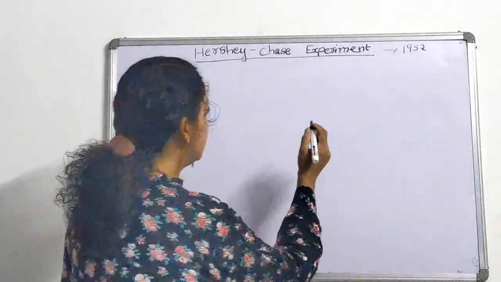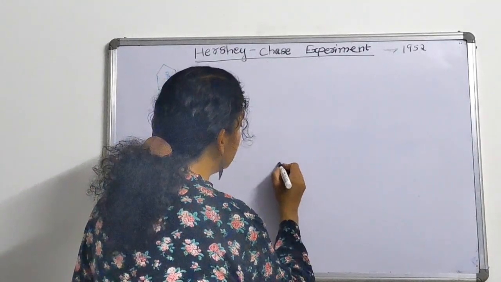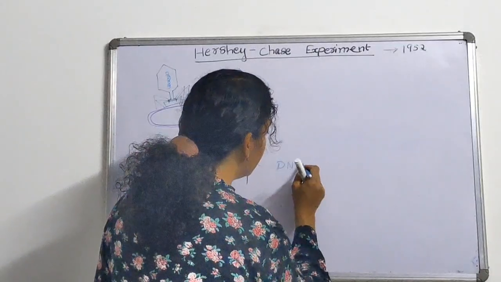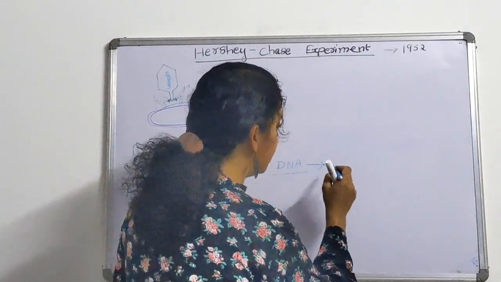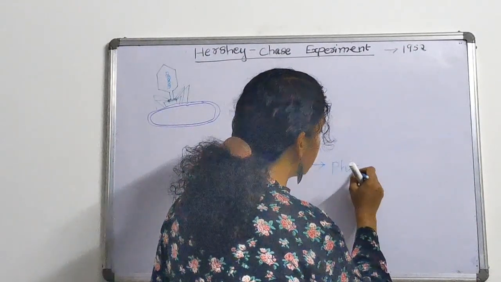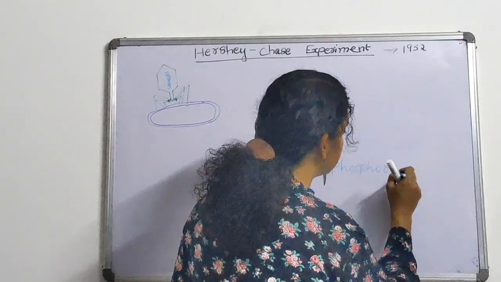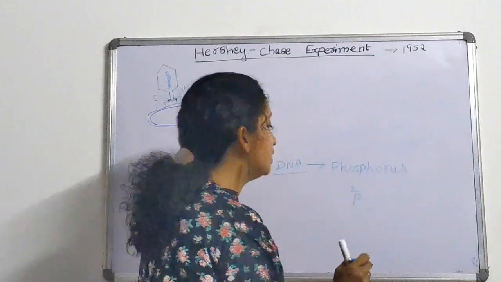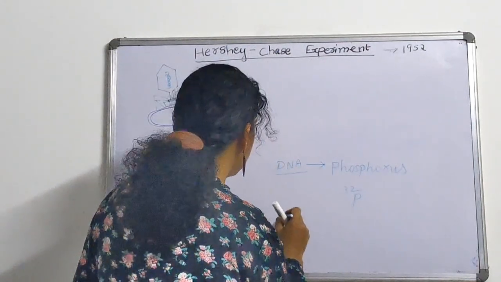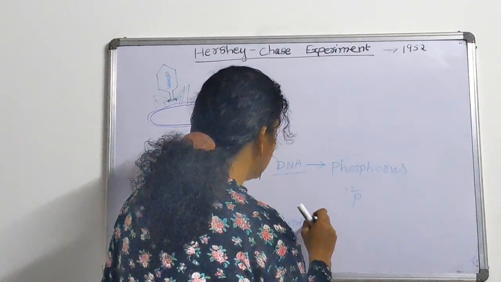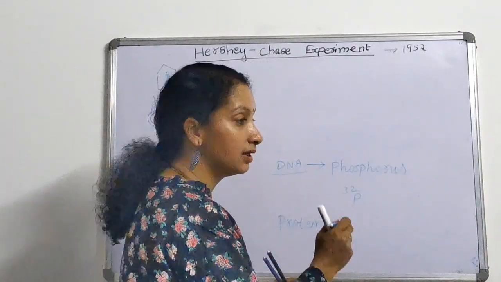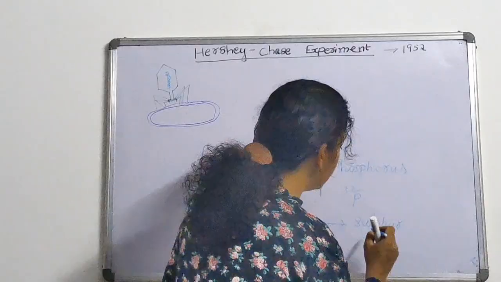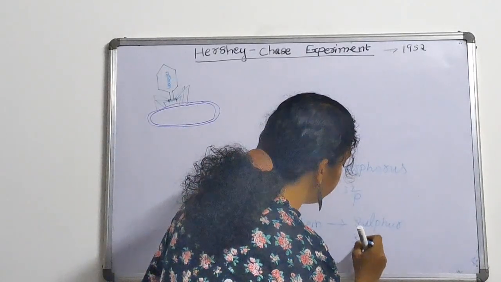When you take radio labeling, the composition of DNA contains phosphorus 32, and the composition of protein contains sulfur 35.